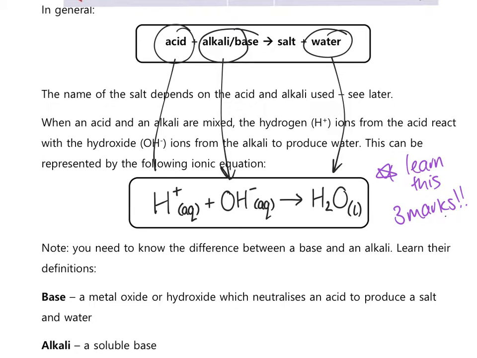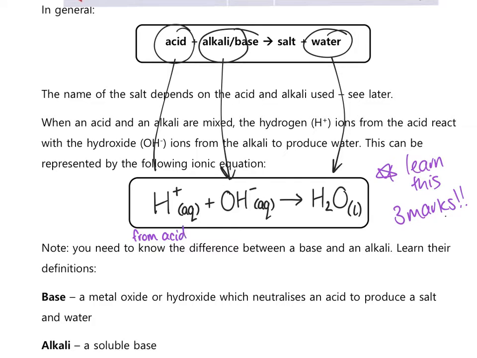And this is what we call the ionic equation for neutralization, because you can see we've got the ions that are involved in the neutralization. And what it's actually saying is that it doesn't really matter what the metal of your alkali is or the anion of your acid is, but what we see happening is a reaction of our H plus ions from our acid, and you might want to write that underneath if you can squeeze it in.